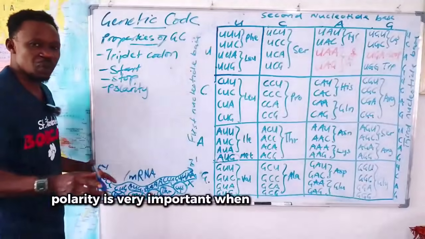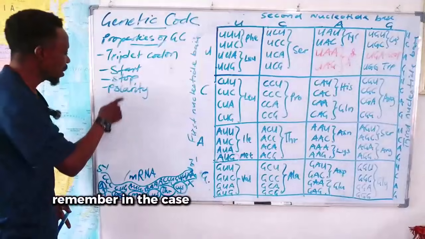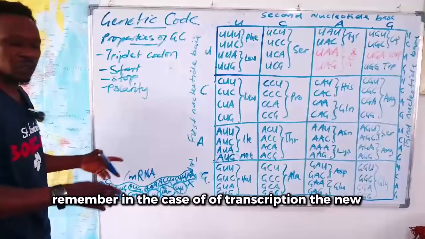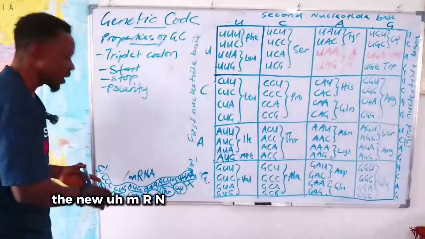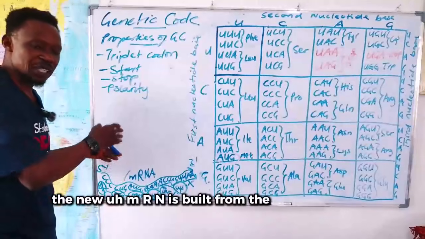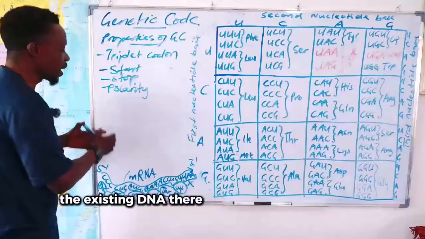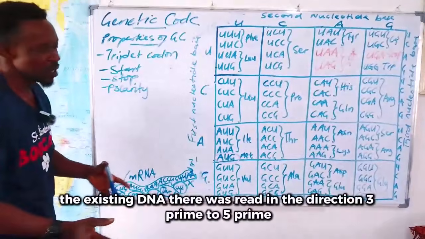Polarity is very important when you are dealing with DNA, when you are dealing with chromosomes. Remember, in the case of transcription, the new transcript, the new mRNA, is built in the direction 5' to 3'. However, the existing DNA was read in the direction 3' to 5'.